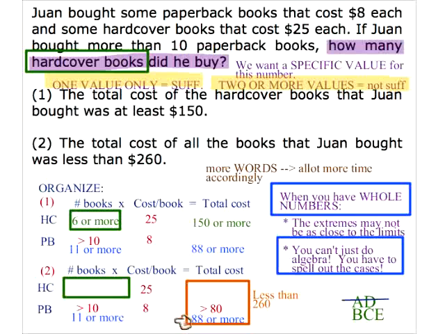Here there's no minimum on the number of hardcovers. It does say that Juan bought some books, so let's make it at least 1 or 2. We could say 2 of these, which would be $50. That's still way under 260. Or it could be 3 of these, $75, still way under 260.